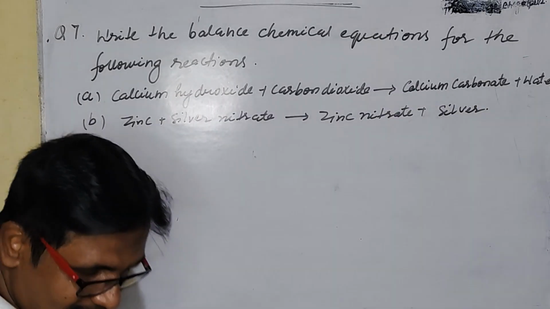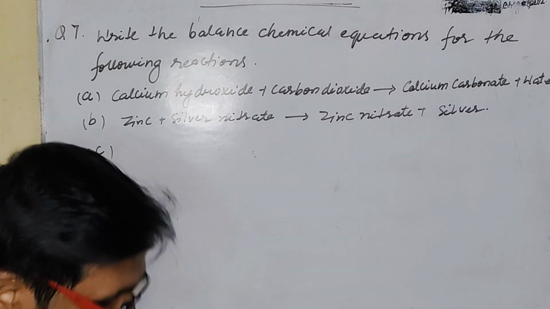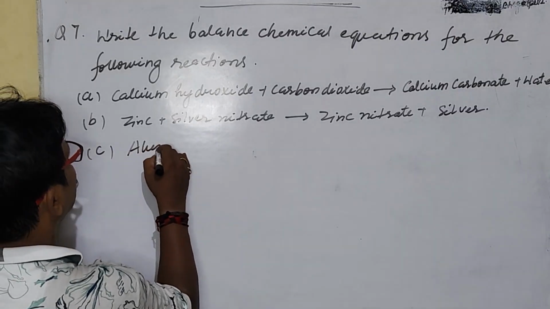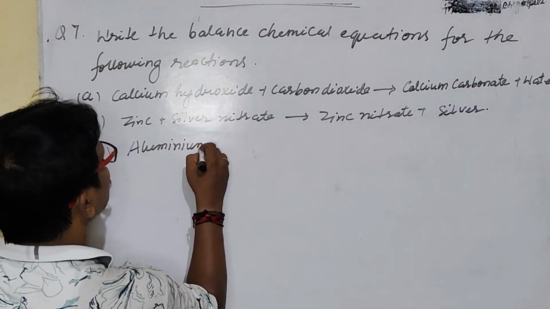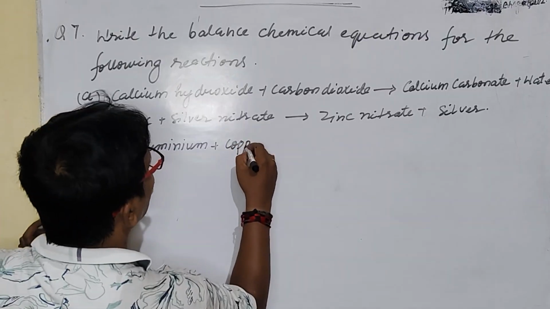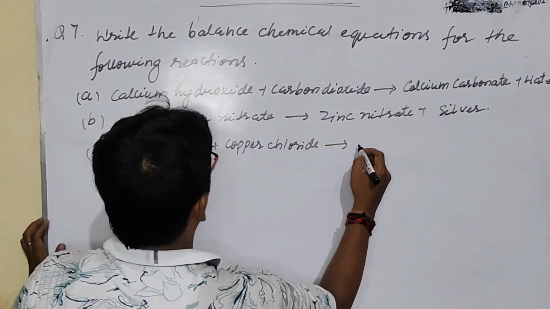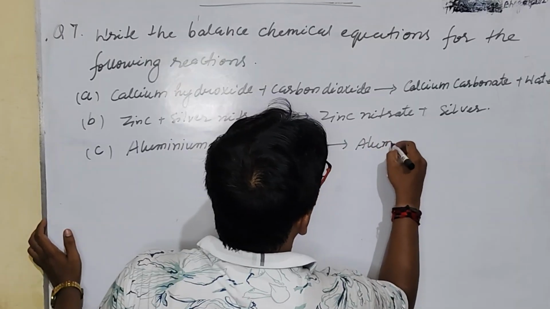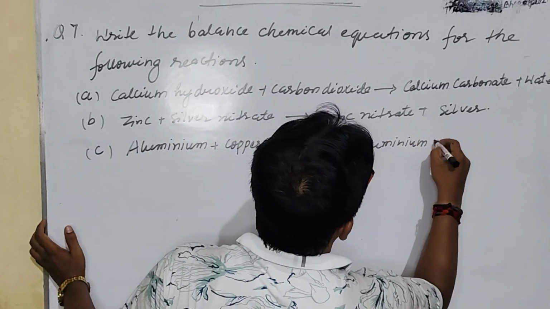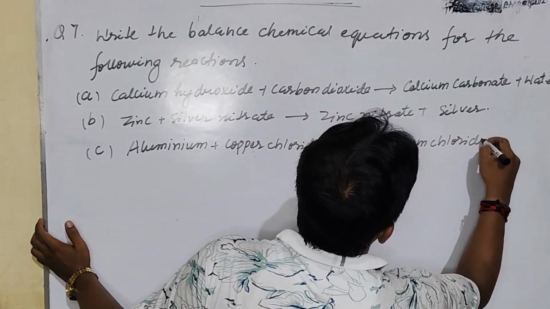And C number is aluminium plus copper chloride gives aluminium chloride plus copper.